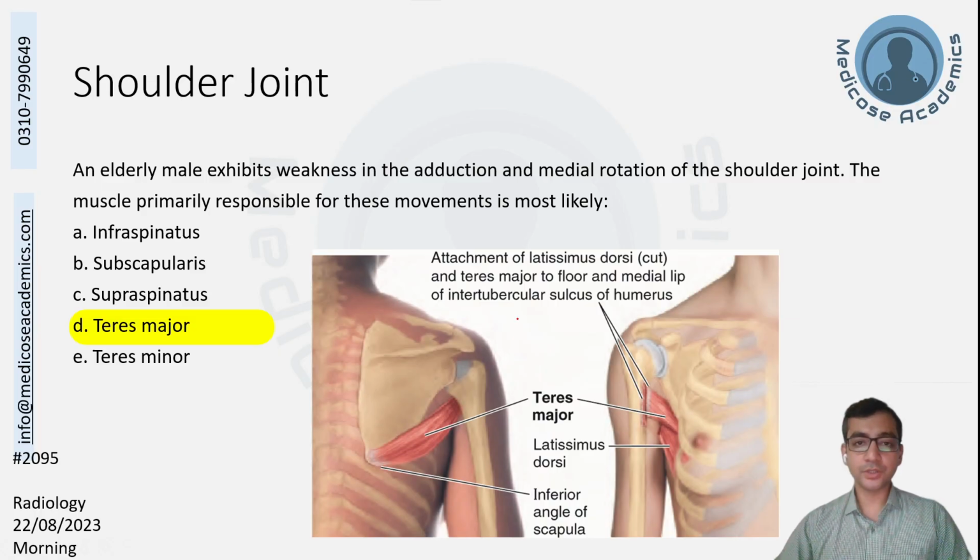Okay, just to make things simple, any muscle that approaches from the posterior aspect will be an extender muscle, like latissimus dorsi, teres major or teres minor; they have an extension function. Any muscle attaching to the anterior surface will be a medial rotator.